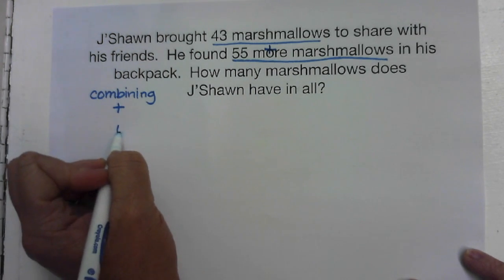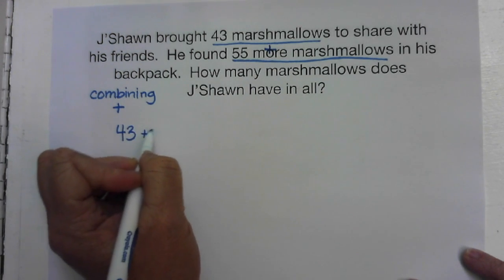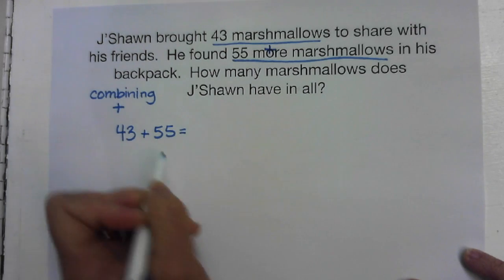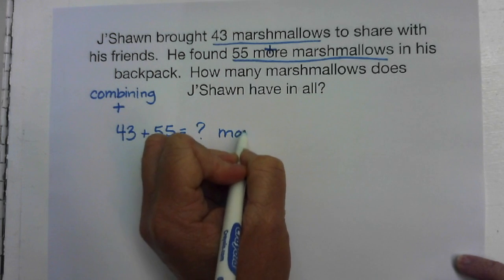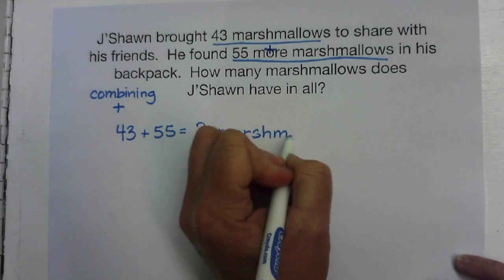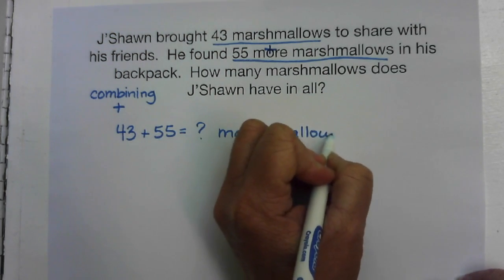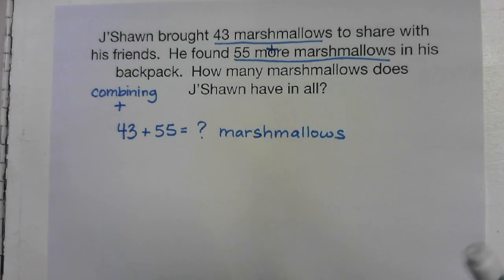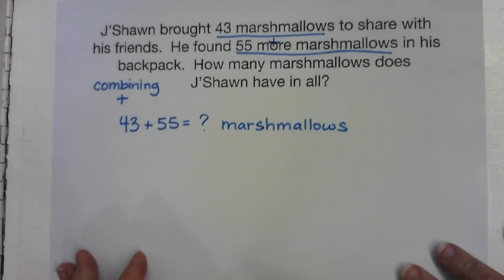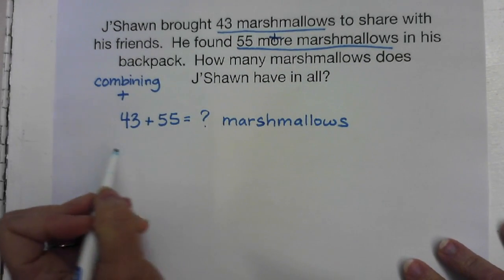All right, our equation is 43 plus 55 is going to equal the number of marshmallows that Jayshawn has in all. We're going to always try to have our units written down. I don't think I did that in the first example. That's going to be really great practice for when we get into math and science that has different units that are all mixed together.